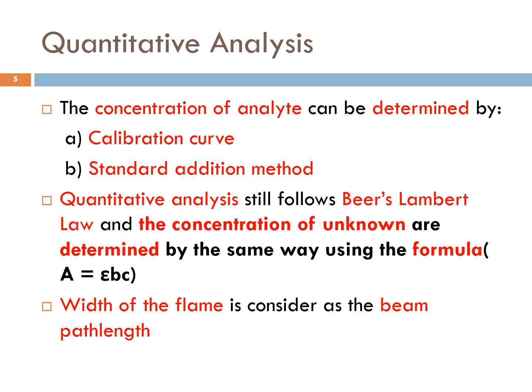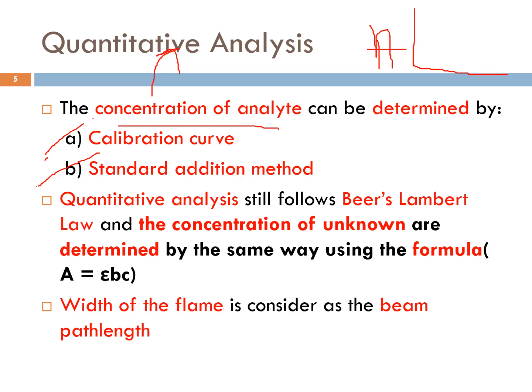Okay, so for quantitative analysis, we can use the calibration curve method and also the standard addition method. Okay, kita dah belajar dalam UV-Vis spectroscopy hari itu. Okay, so from AAS kita akan dapat tahu the absorbance of that sample. So macam biasalah melalui graph ni ataupun melalui equation, kita boleh dapat tahu concentration of the analyte, which is what we call as quantitative analysis.